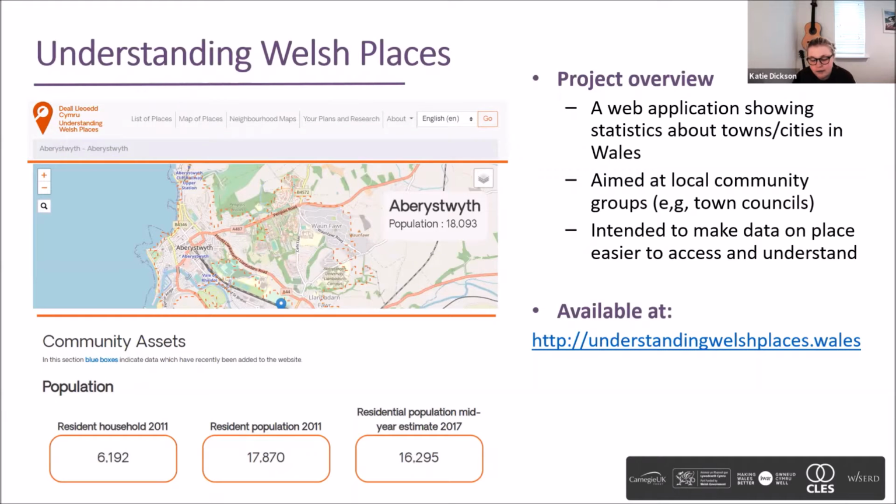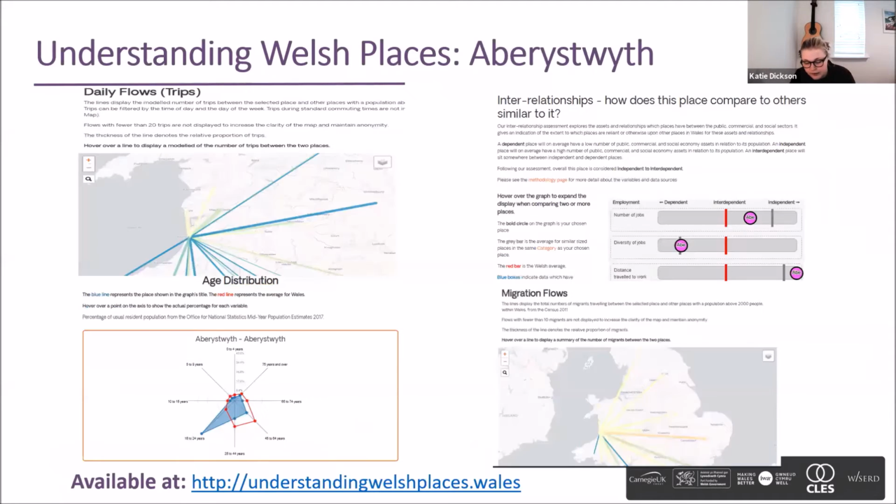As I said, it's a web application and it's available at understandingwelshplaces.wales for anyone who might be interested in looking at it. But I'll just give you a quick flavour of some of the data it holds as a reminder. So for each place in the UWP, it has its own data dashboard, as well as providing access to the community assets data, which we'll come to.